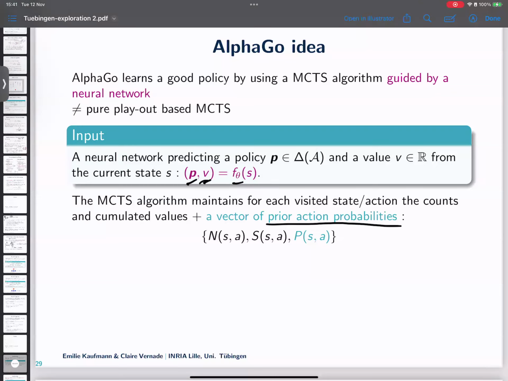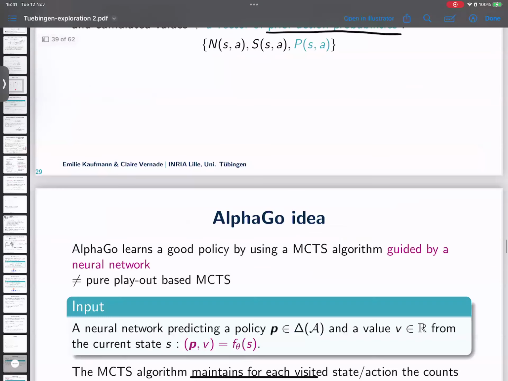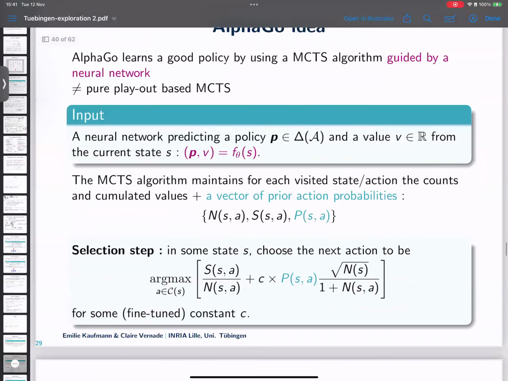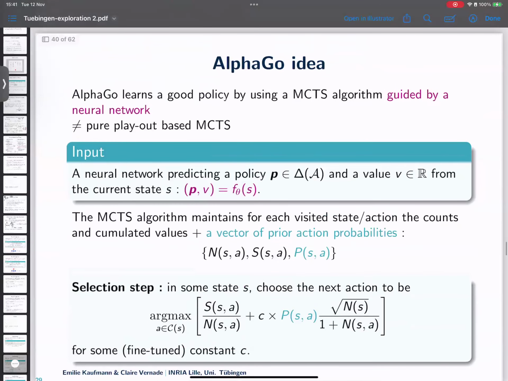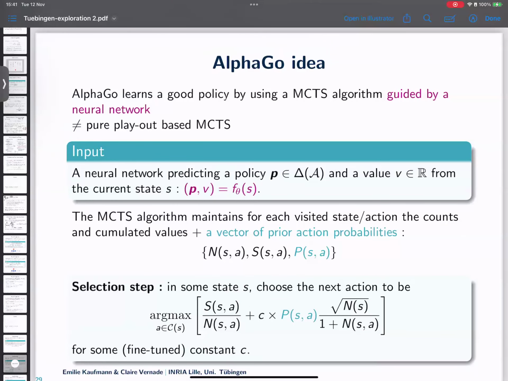So AlphaGo just uses this additional information, but still keeps this probability of exploration as a function of the prior action probabilities and some kind of UCB. Now, the UCB doesn't look so much like what we've seen before, but it's still somehow equivalent to 1 over square root n of SA. It's not quite exactly that, I don't want to overstate it.